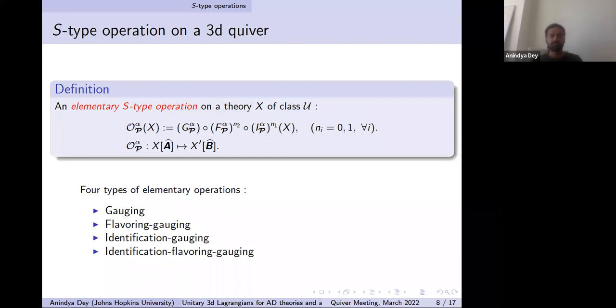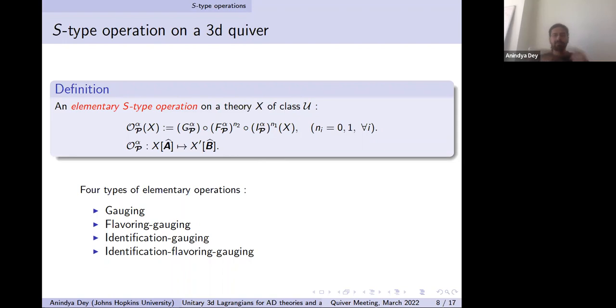What's the label, the subscript P? Yes, that's a very good question, actually. Thanks for that question. P is telling you how you're identifying the Cartan of U(M) with U(R) times U(M minus R).